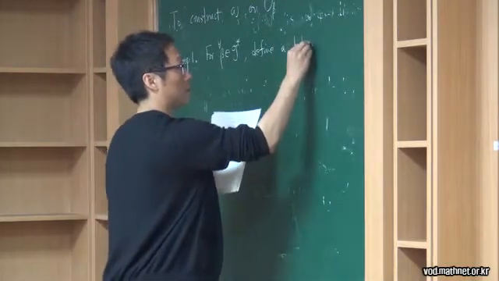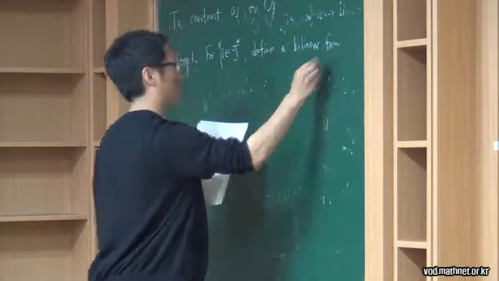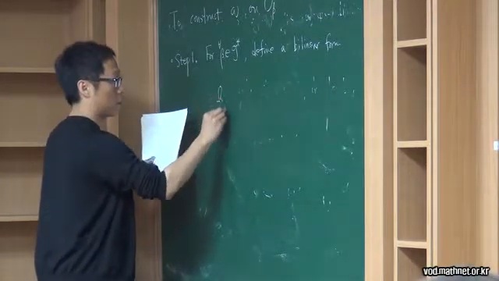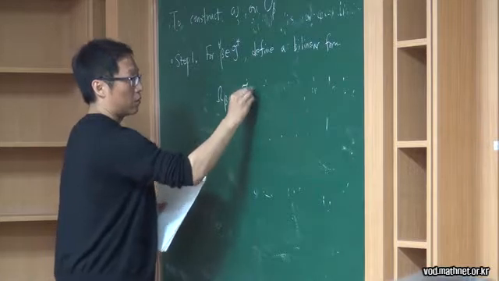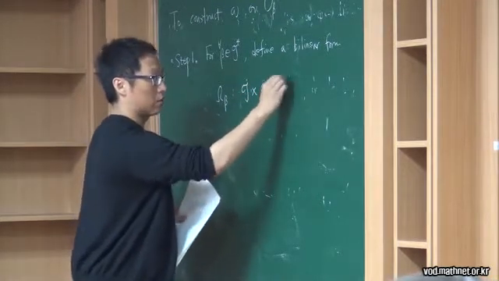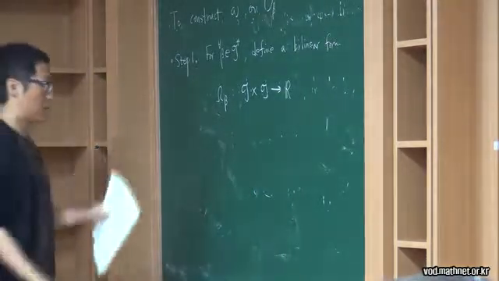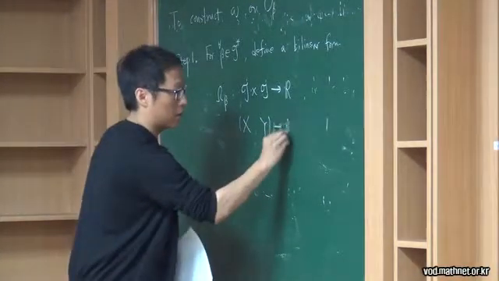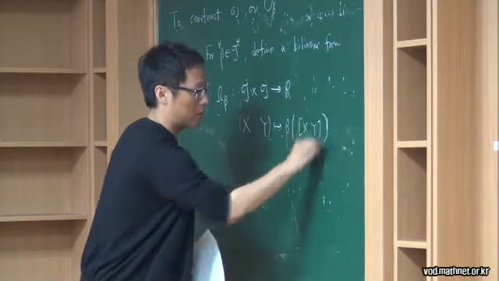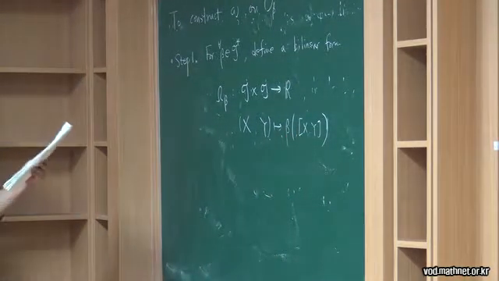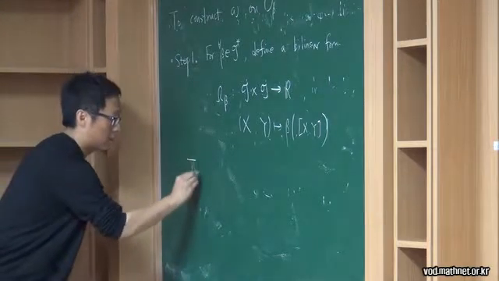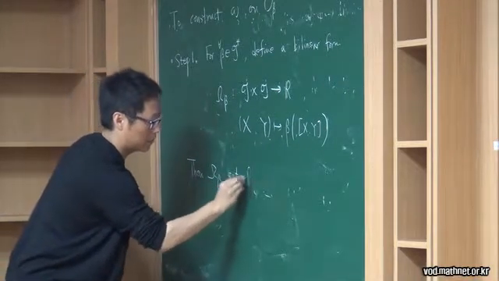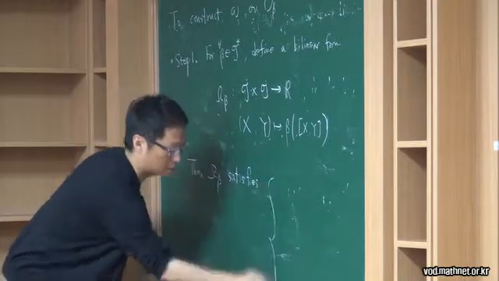A bilinear form omega beta on the Lie algebra, which is defined by mapping x, y to beta of the bracket of x and y. Then omega beta satisfies the following.